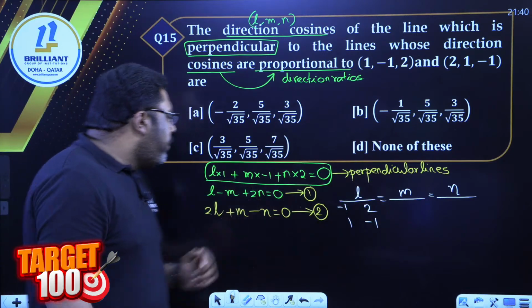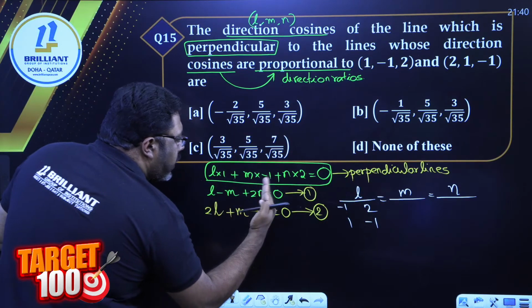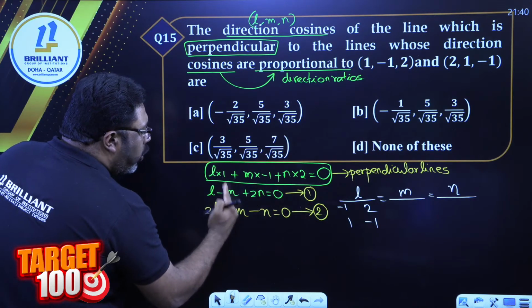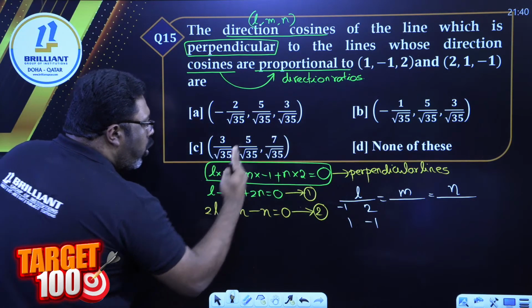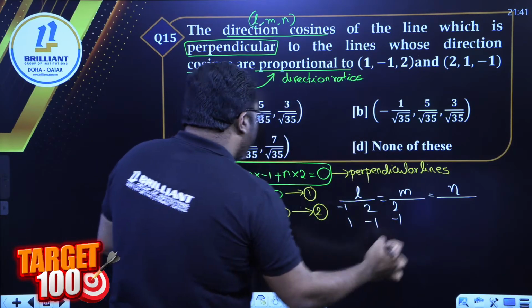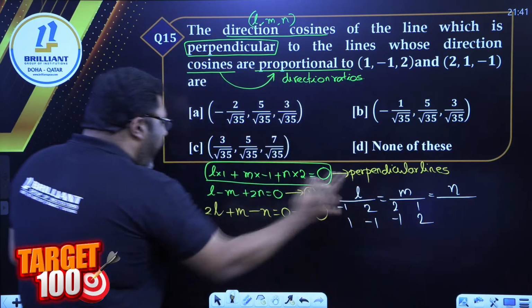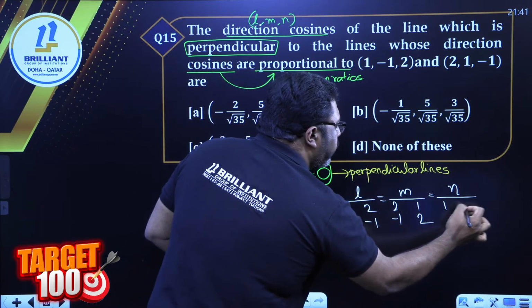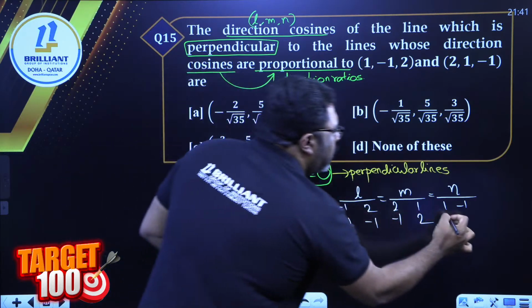So please cross multiply M and N to get L. When I go for M, cross multiply N and L. Come backwards, you cannot go the other way. For M, you go for N and L. So 2, -1, 1 and 2. For N, again start 1 and -1, 2 and 1.